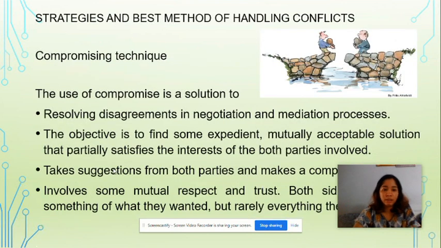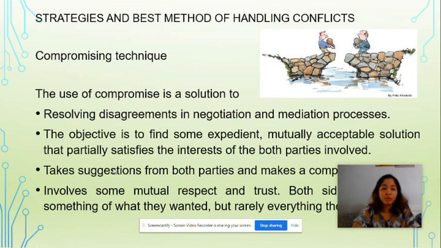From this scenario, the one method I have chosen to handle the conflict is compromising. This use of compromise is a solution to resolve disagreement in the negotiation and mediation process.